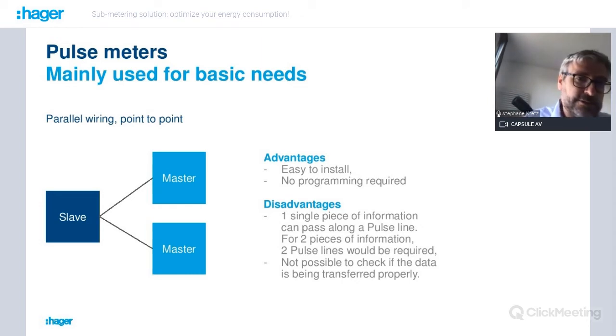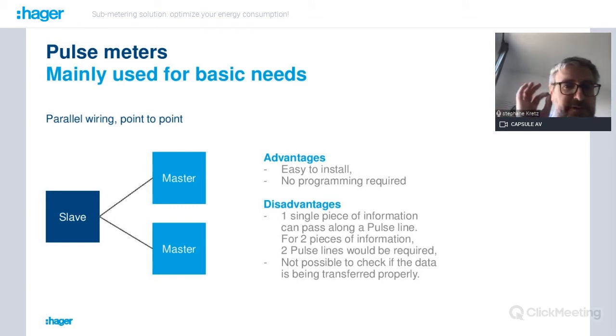Because as I said, only one value is important, kilowatt hours. But you cannot manage the tariff and so on. And on the other side, it's not a reliable solution, because if you lose one pulse, it's lost forever, and you can have not the right data at the other side and not the right index of consumption, because once it's lost, you will lose the quantity of energy that is not measured. It's easy, but not so reliable.